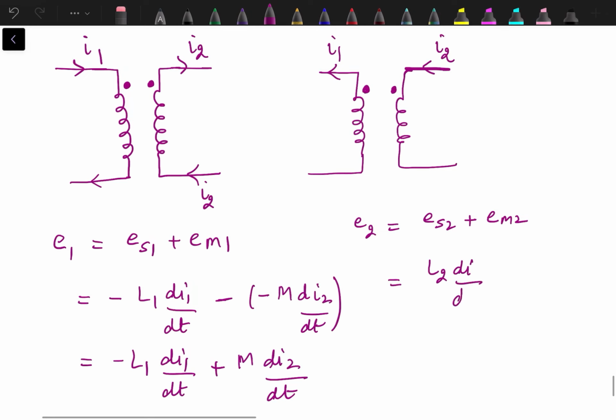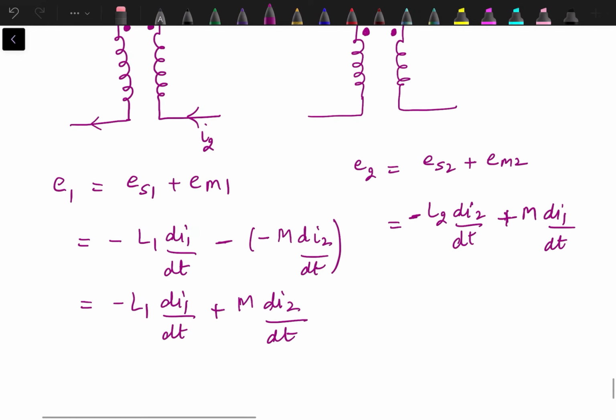So minus L2 di2 by dt plus M di1 by dt. The minus sign is associated with both the induced EMFs because of Lenz's law, and the second negative sign is there with the mutually induced EMF since it is opposing the self-induced EMF. So this dot convention is very important to calculate the equivalent inductance when the mutually coupled inductances are connected in series as well as in parallel.